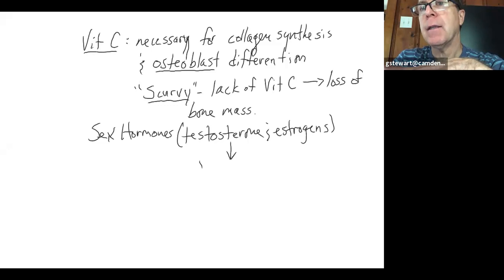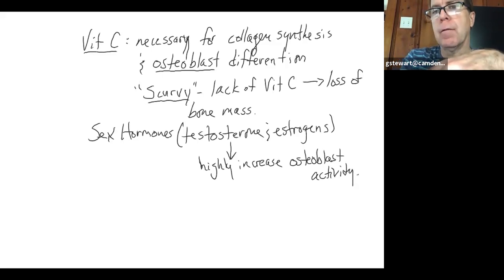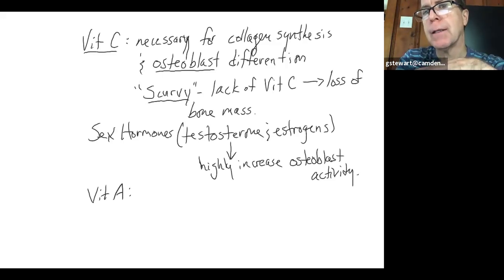So they highly increase osteoblast activity. Vitamin A that we eat in foods, vegetables, increases osteoblast activity as well. All these things are good for new bone growth.